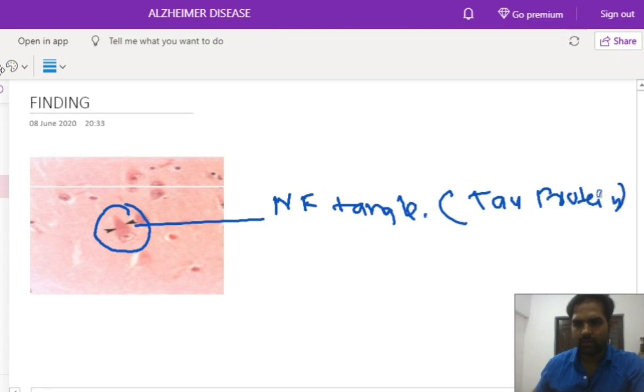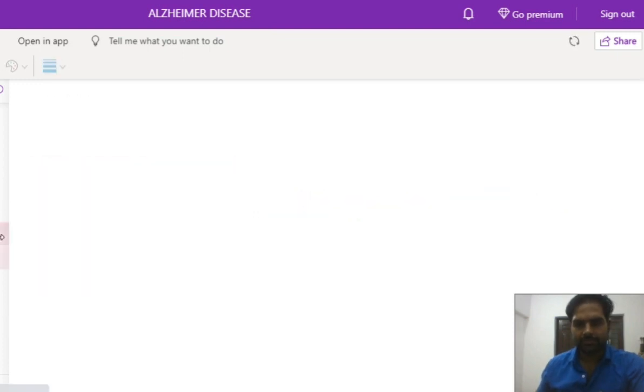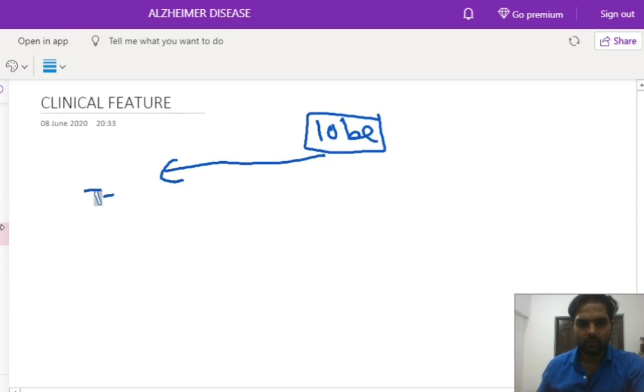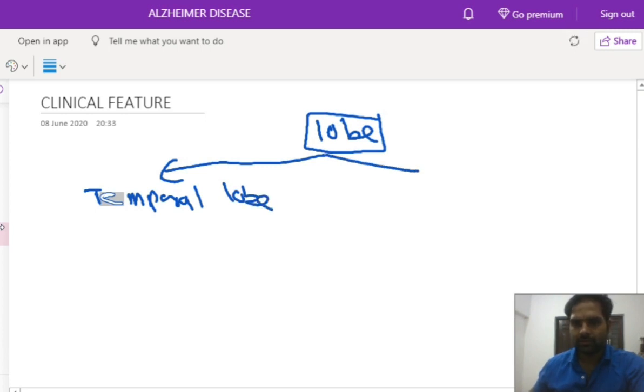Now let's move to the clinical features. The clinical features depend upon which lobe is involved. In Alzheimer disease, there are mainly two lobes involved: the temporal lobe and the parietal lobe.